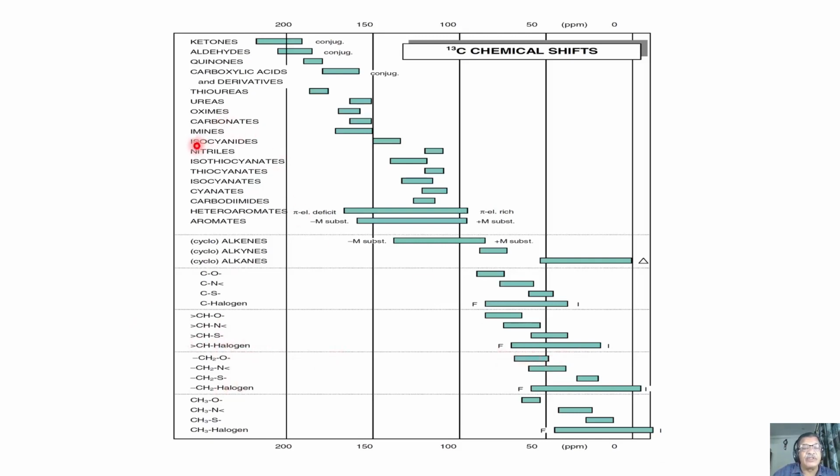Isocyanates come in this region, let us say between 130 to 150, and aromatics come somewhere around 130 to 150 ppm. These are all classifications for different nuclei. It basically gives you an idea of where to start the analysis. Ketones come very downfield, around 200 ppm.